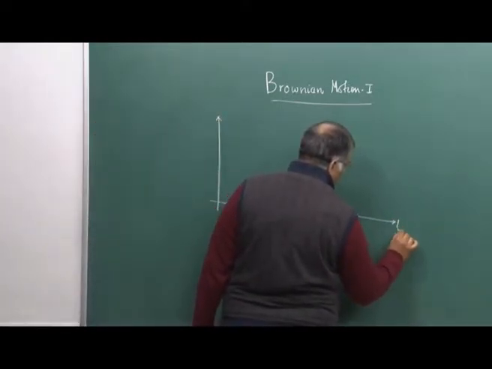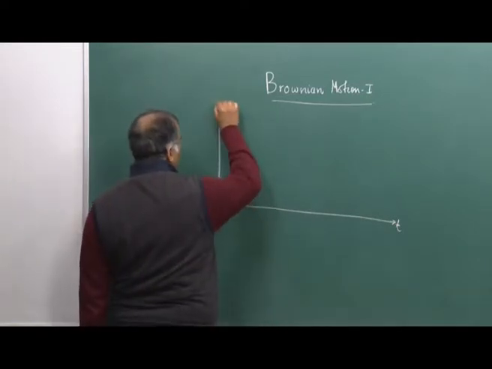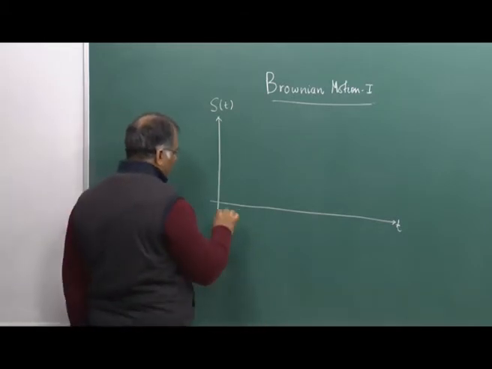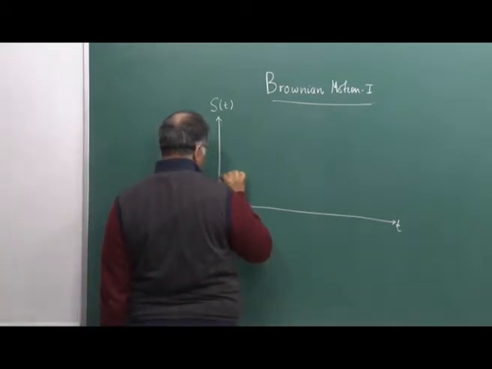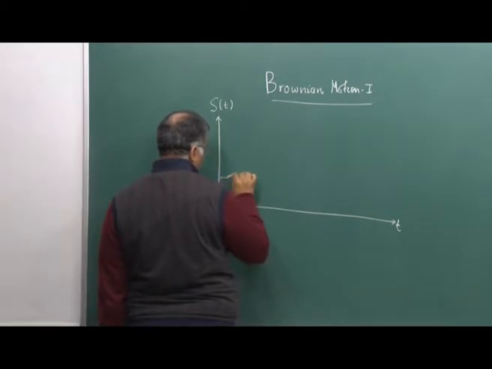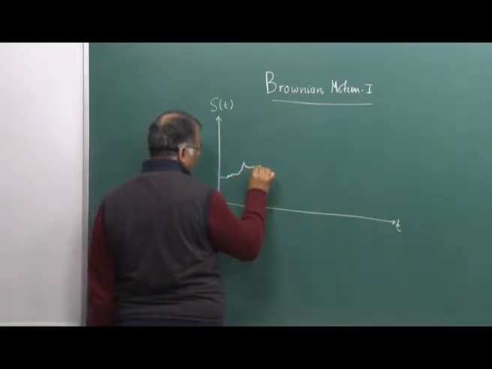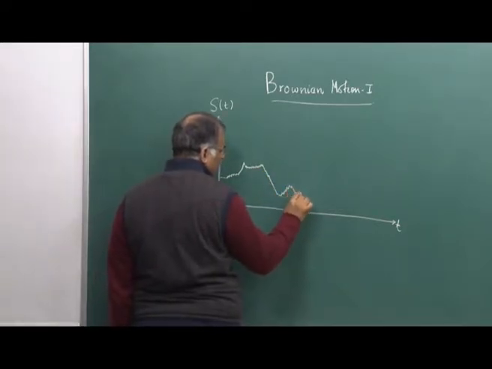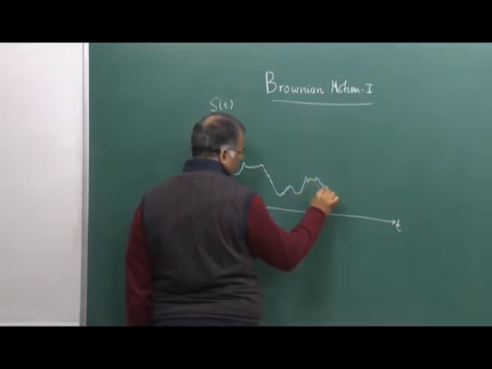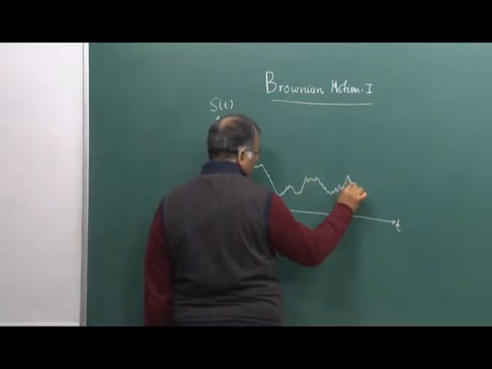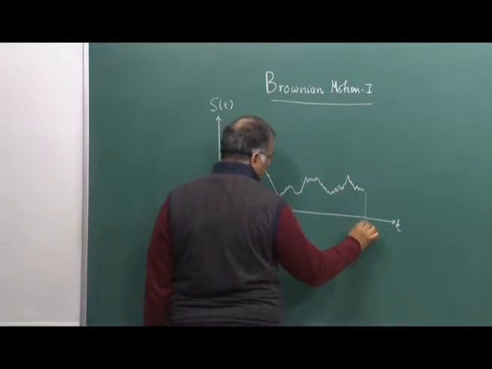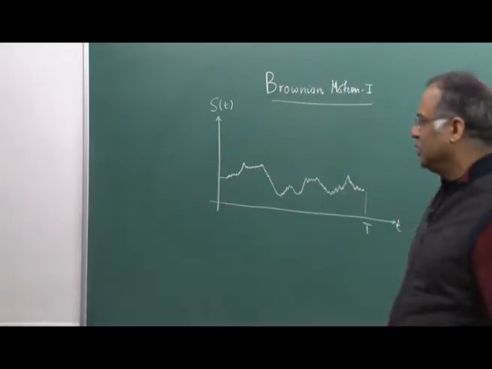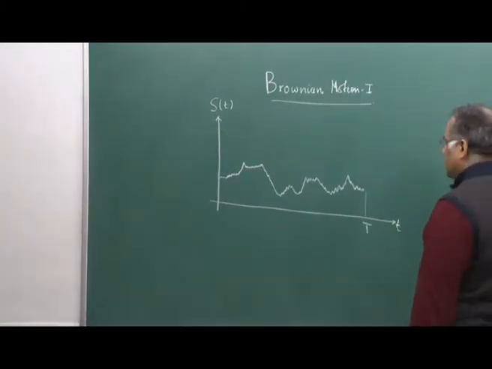If the horizontal axis is the time axis and this is the price axis, you will see, starting from a certain time, some zigzagging motions like this. You observe this up to time t. This is of course random, nobody knows what the next price is.